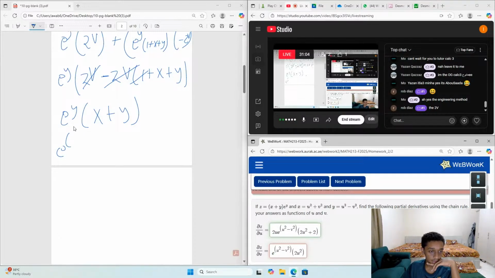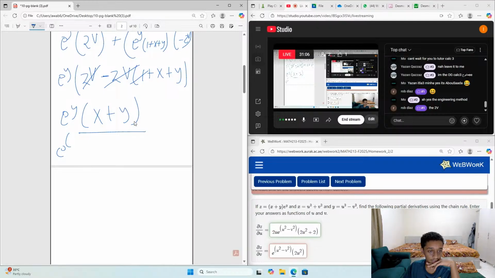Is this correct? Is this correct? e raised to y x times x plus y. So x is just u squared plus v squared and y is u squared minus v squared, right?